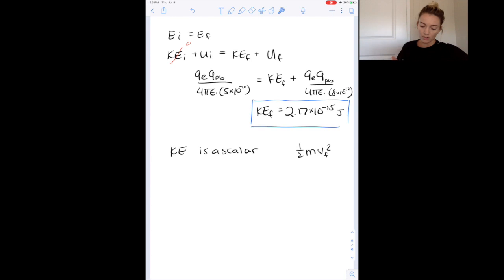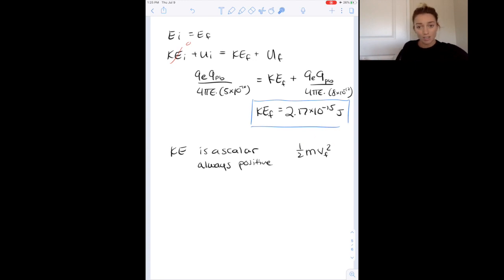So kinetic energy is a scalar. You have to think about the contributions from every particle that's moving. And it's also always positive. Remember, kinetic energy is always positive, because if you look here, the mass obviously is never negative. We never have a negative mass. And since this Vf is really the speed, it's a magnitude, and magnitudes are never negative. Speed is never negative, so kinetic energy can never be negative.